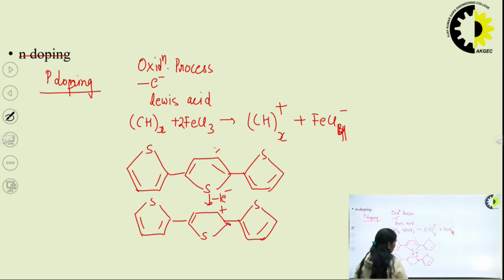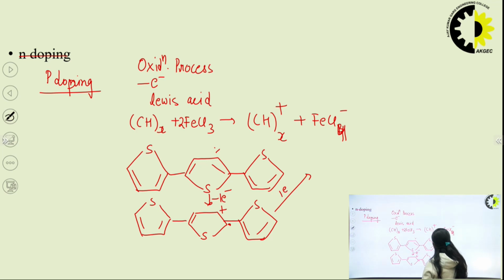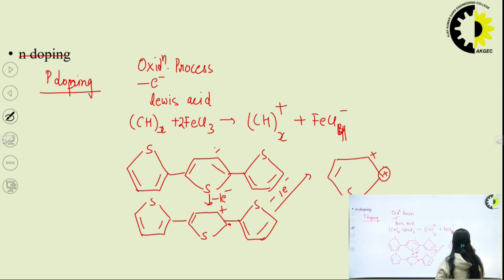Again, one more electron is removed and 2 positive signs are there. So it becomes bipolaron. Now the species is known as bipolaron.